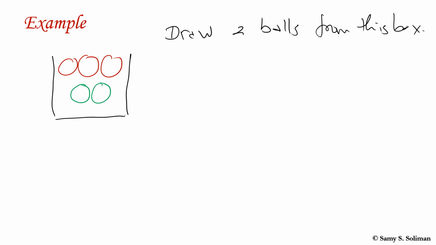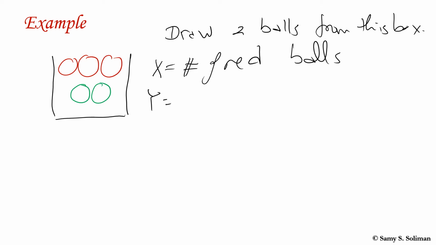We may define X as the number of red balls in the sample that is selected, in the sample of the 2 balls, and Y equals the number of green balls.